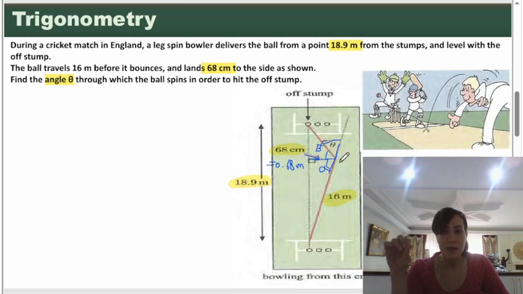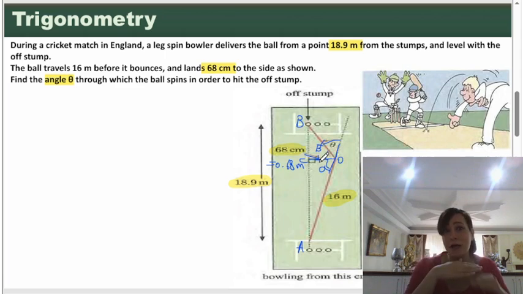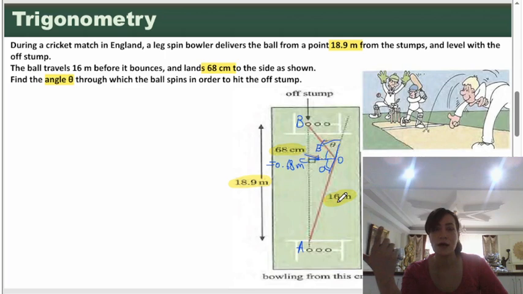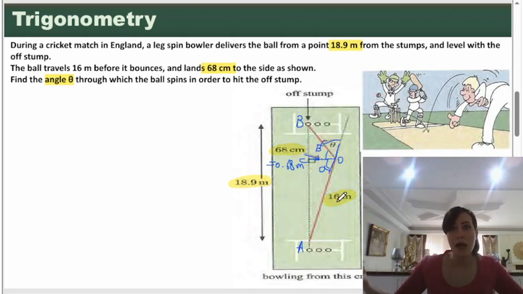Let me label it here: this point A, this point C, this point B. Then I will go to find alpha. Here we see I have the length of the adjacent side of this alpha and I have the hypotenuse. So the formula of cosine comes to my mind.